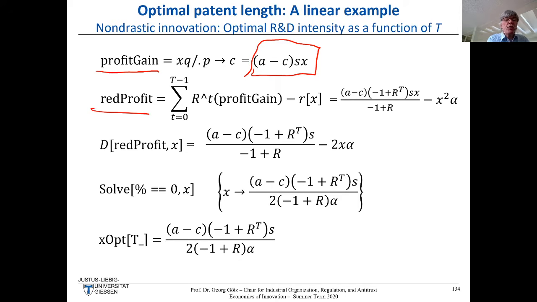Then the discounted profit here, already as a function of the X, just substitutes the profit gain, takes this sum here, and as you see, we really got it right, because Mathematica shows us the same. So here is our cost R(x), and here is our discounted profit gain, depending on the length of the patent. And what I do here is just taking the first derivative with respect to x.